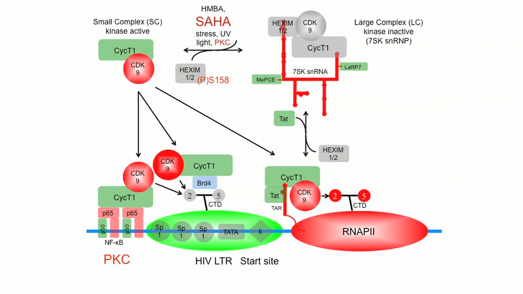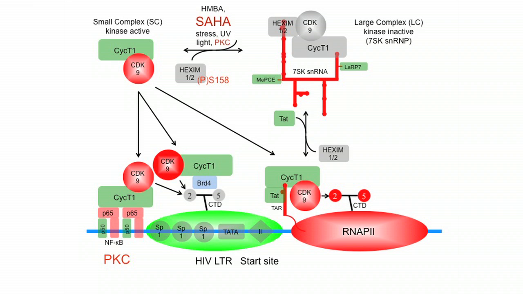Now, the benefit of this entire scheme is that once TAT is being made, TAT does not need free P-TEFb. TAT actually goes to this RNA, TAT recognizes this RNA, but this RNA that binds HEXIM, the 7SK RNA, is identical to TAR.